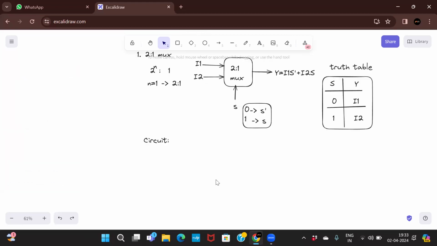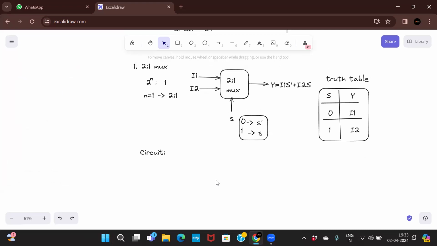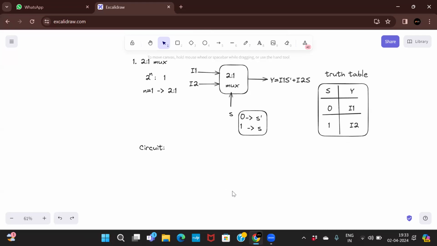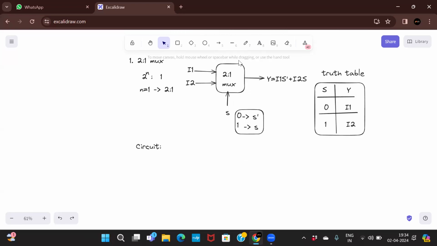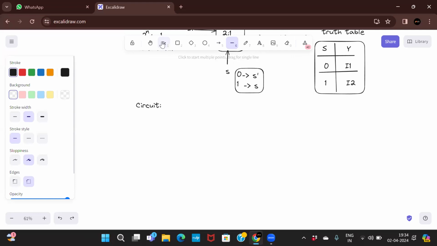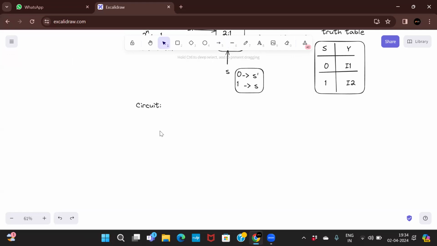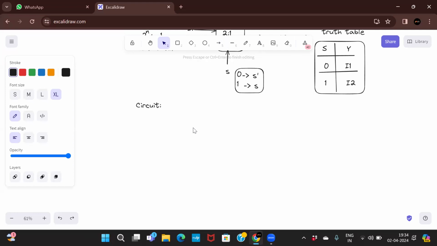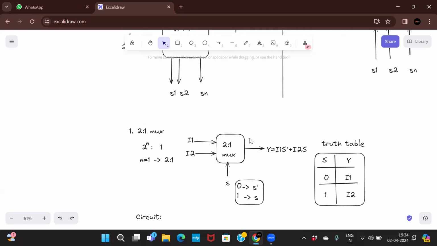What are the inputs we have? I1, I2. How many AND gates do we require? Come on, quick answer. Two AND gates, one OR gate. Yeah, perfect. So how many inputs and variables do we have here?